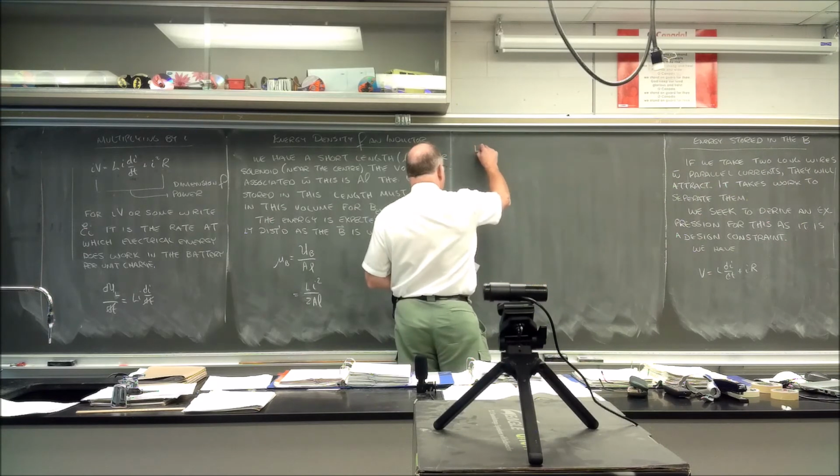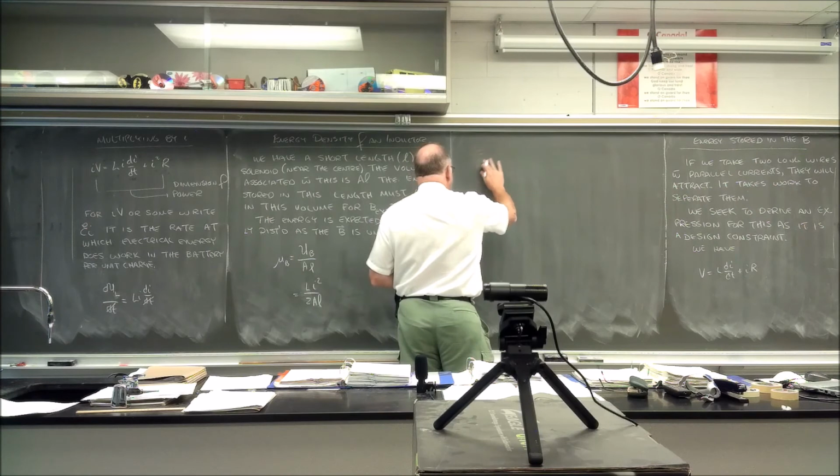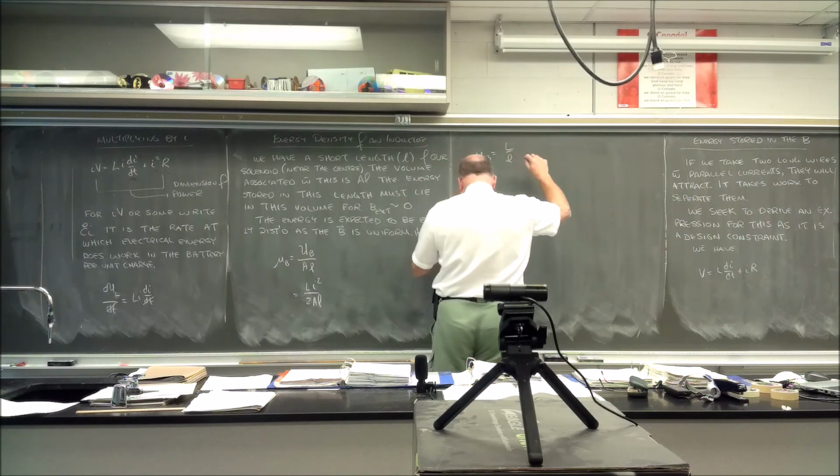And we might also have mu sub B is equal to L over script L, I squared over 2A.